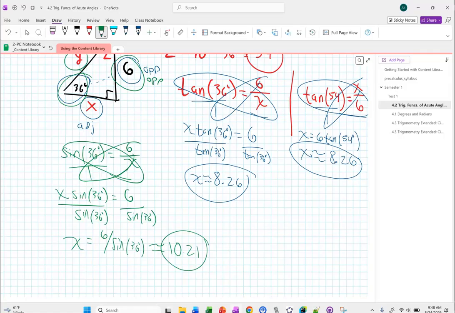Can I borrow the... Yes, can I have your ID? On Pythagorean theorem.